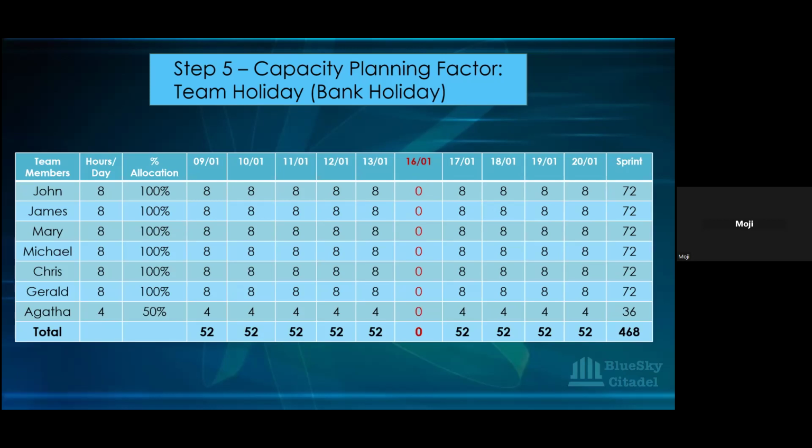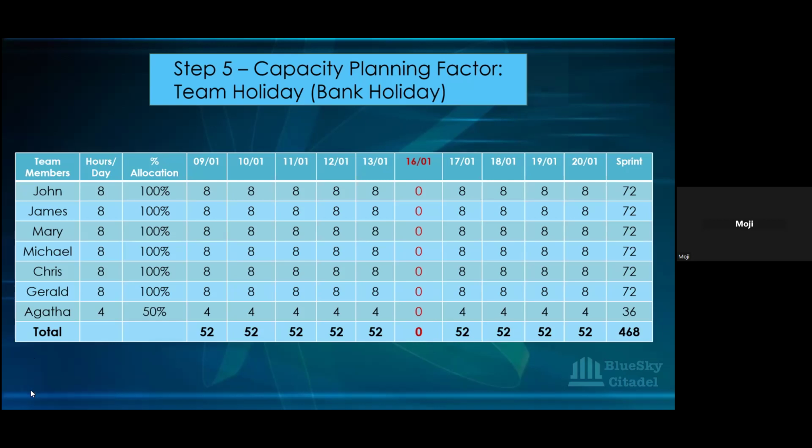And then when you remove this 8 from everybody's 80, you end up with 72, 72, 72. And then for Agatha, you get 36 because she's 4, so we're just removing 4 from her own, and then that's 36. Now from our 520, do you see what we have now? We have 468 from our 520 because we've had to remove a whole day of the team not working because it's a bank holiday.